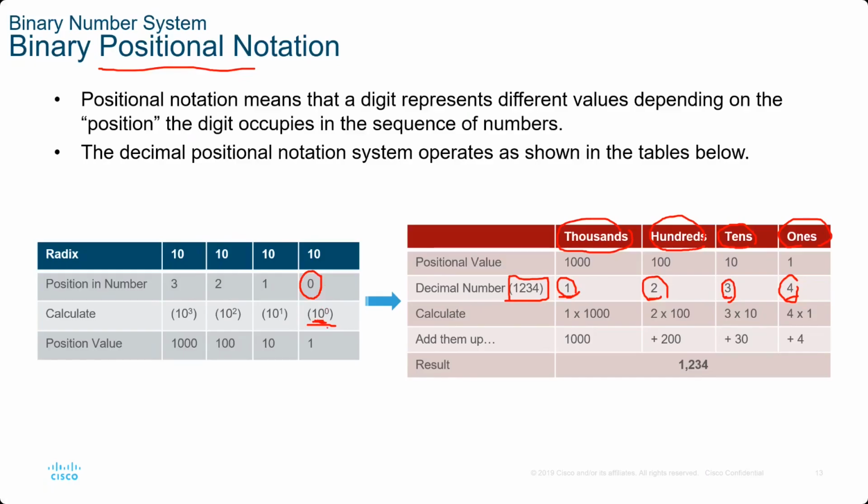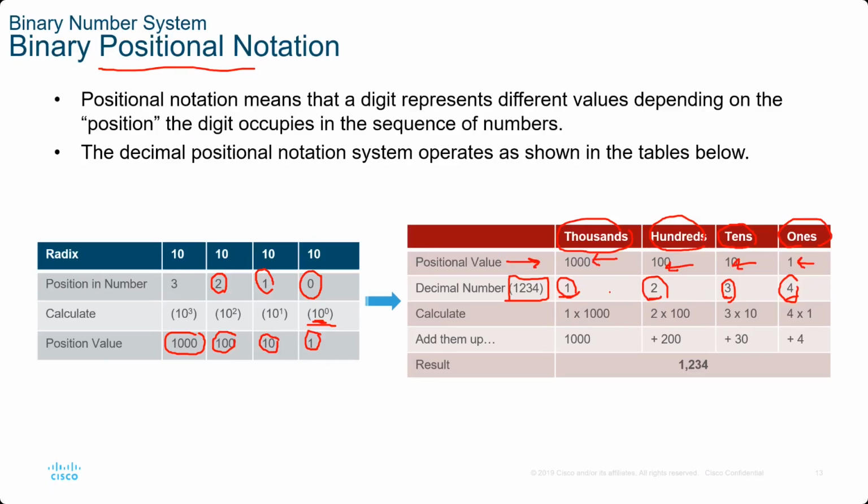So it's 10 power 0, which equals 1. Then the next position is 10 power 1, which equals 10. Then position 2 is 10 power 2, which comes to 100, and 10 power 3 is 1000. This is how we come up with these positional values: the first position is ones, the second is tens, the third is hundreds, and this is thousands.